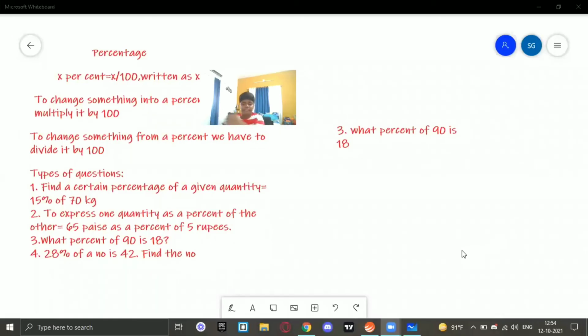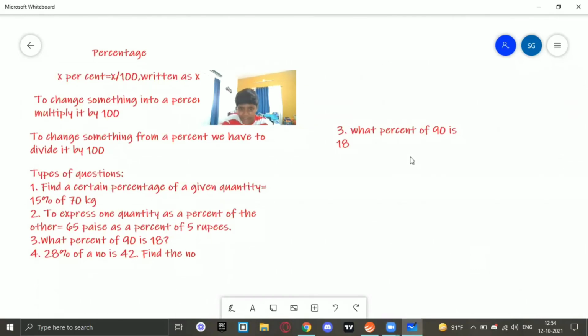Now, as I told, the third question we are going to be solving. So let's get started. The third question: what percent of 90 is 18? Basically in this you have to find a percentage, and like the previous question, the solution to this problem will be second quantity upon the first quantity times 100. Again, if there are units, make sure that they are the same.